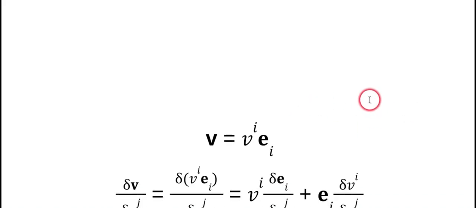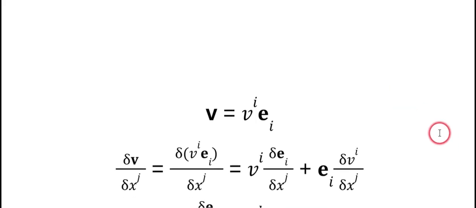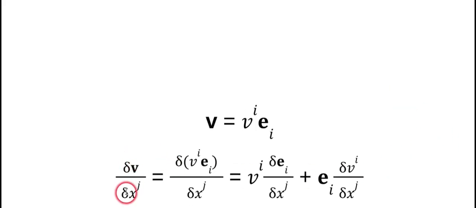Okay? So we have an arbitrary vector that can be expressed as a linear combination of its components and its basis vectors. We just want to review very quickly what the covariant derivative is, so we're all on the same page. If we take the derivative of that vector with respect to an arbitrary coordinate, we use the product rule: first times derivative of the second, plus the second times derivative of the first.